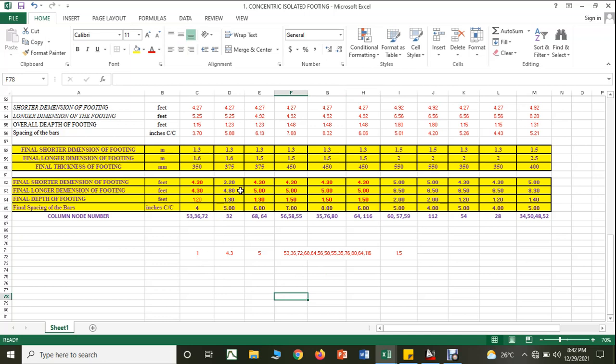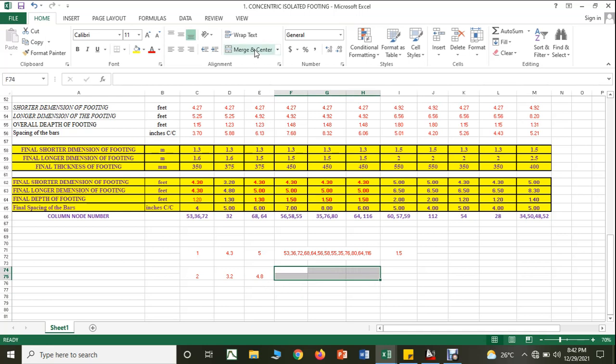The second set is of only this column. No other columns are there. That is 3.20 and 4.80. Therefore I'll do this column set, the second column set. This will be 3.20, this will be 4.80.